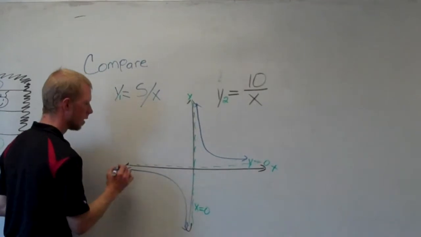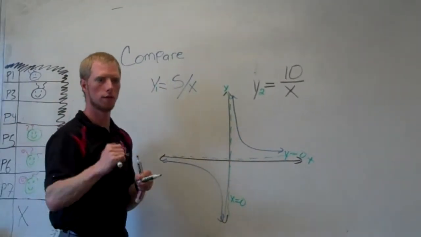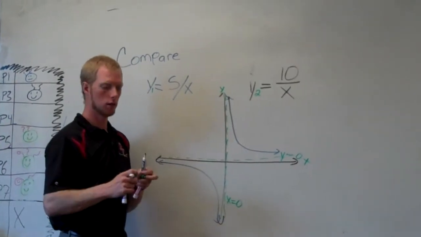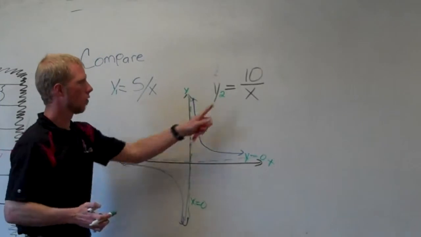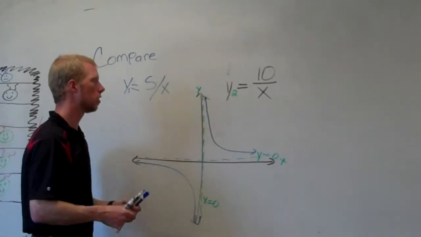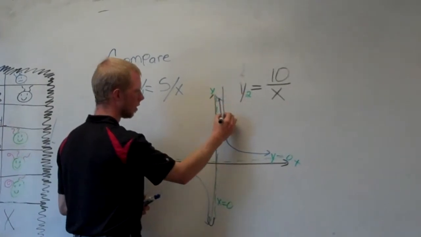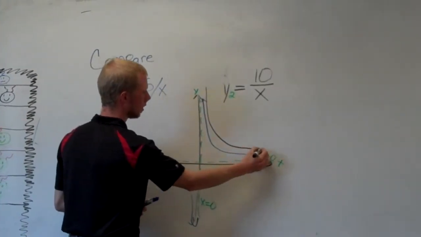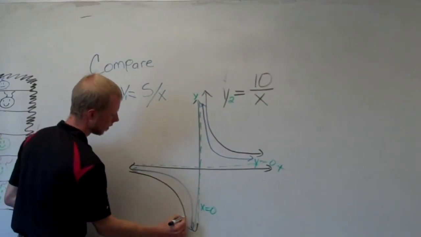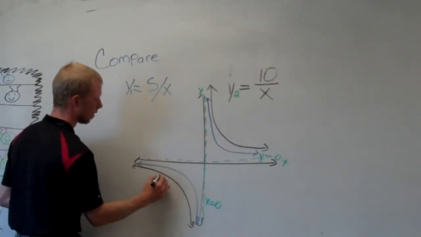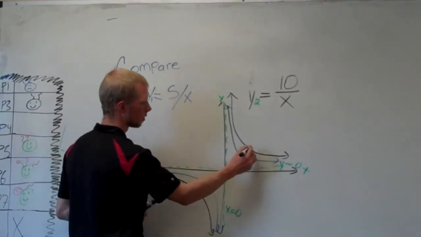Two branches never crossing the asymptote, because the asymptote is where the function is undefined, in part when the denominator equals 0. When it shows me y2, it's going to show me a curve like this. This is y equals 10 over x.